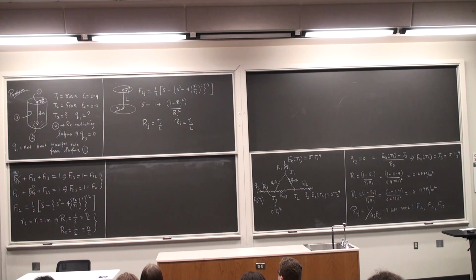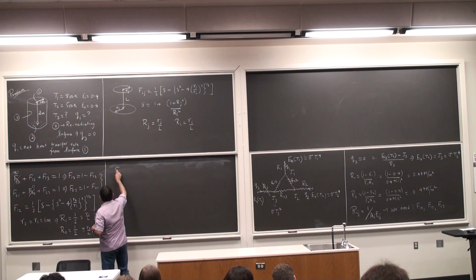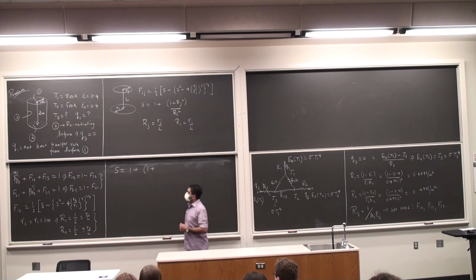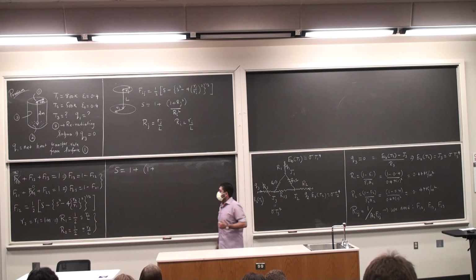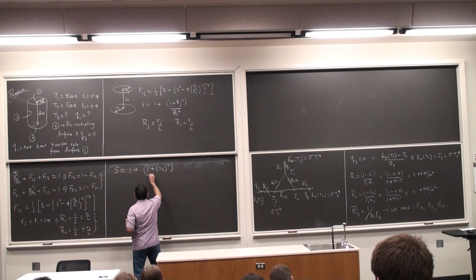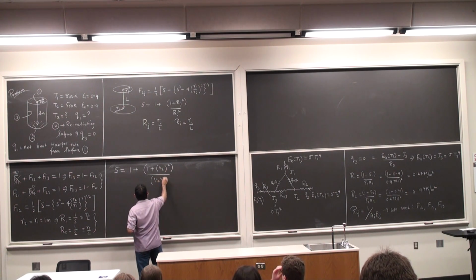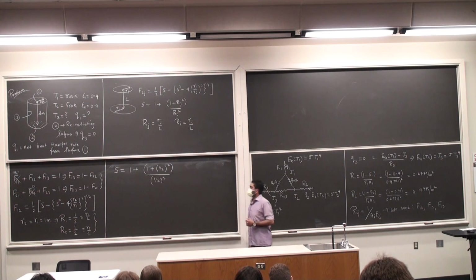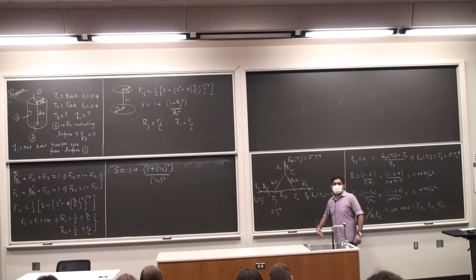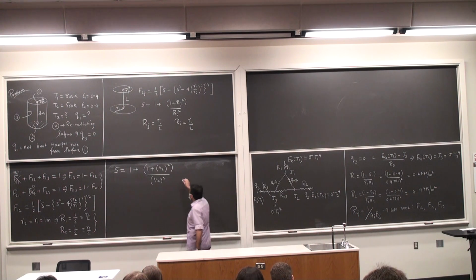Unfortunately, they look the same. Then I substitute and calculate S from this information. So S is 1 plus (1 by 2) square divided by Ri square, (1 by 2) square. That's 1 plus 1/4 is 5/4, divided by 1/4 is 5, 5 plus 1 is 6, so S is 6.